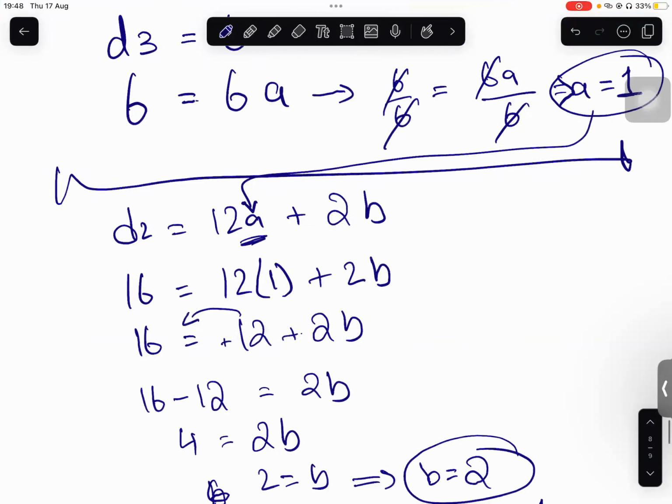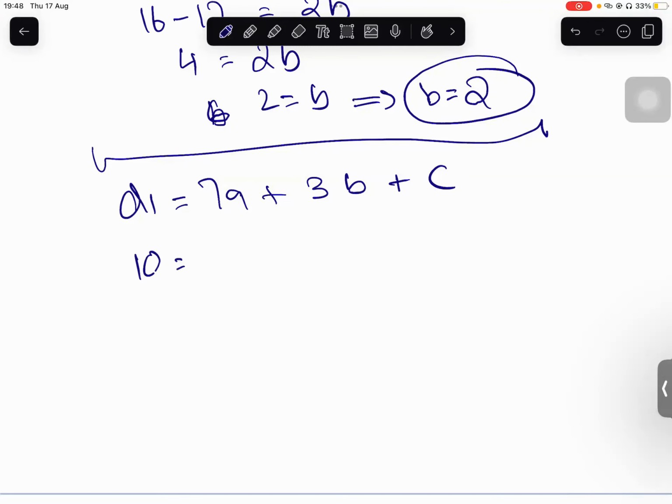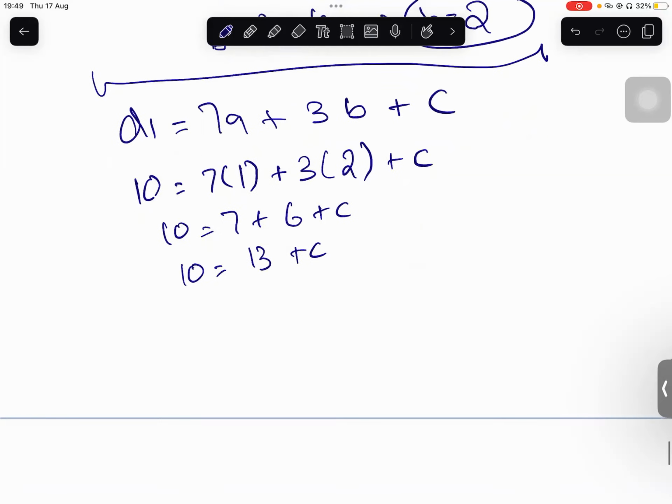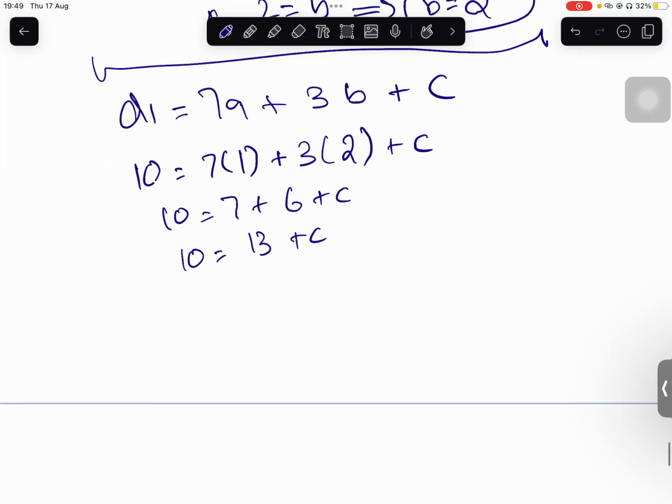So 10 equals 7 times A, which was 1, plus 3 times B, which was 2, plus C. So you get 7 plus 6 plus C. 10 is equal to 7 plus 6, which is 13, plus C. Then you subtract 13 from both sides. You get negative 3 is equal to C, or C is equal to negative 3.